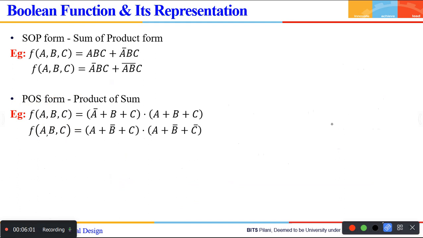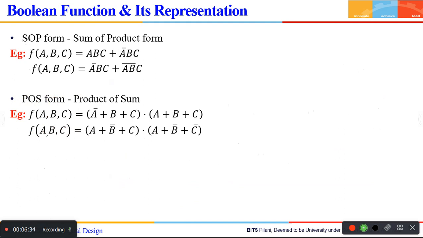Now see this equation. I have a Boolean equation, f of a, b, c. What is the meaning of putting a, b, c in the brackets after f? That means that particular Boolean function has only 3 Boolean variables. The entire equation should have only 3 Boolean variables. Suppose there is a, b, c, d in it, then that equation will have 4 Boolean variables.